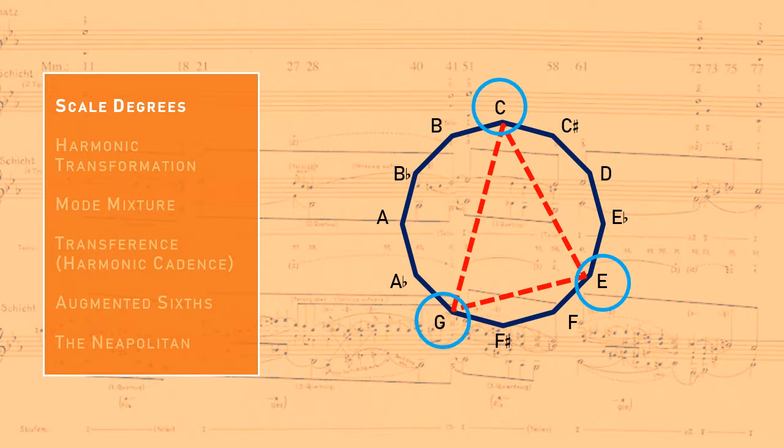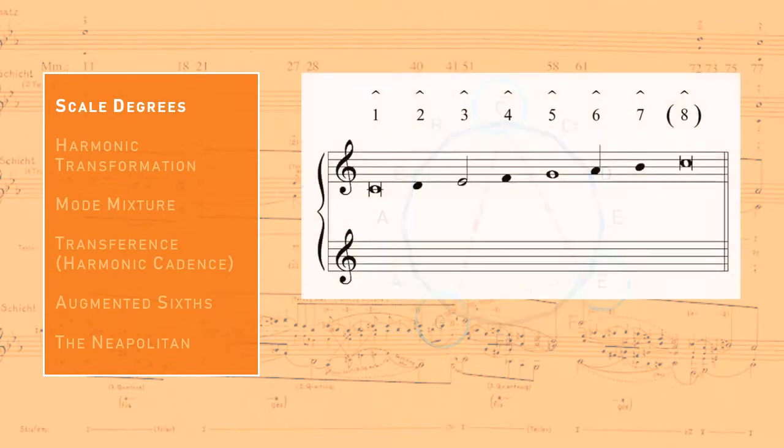Schenker's theory is premised on a much older way of viewing scales in Western music, one that works better for the music of Bach than it does Wagner. For Schenker, there are only 7 diatonic scale degrees that are each fundamentally different in terms of melodic stability. I've tried to visualize that with durational values here. Scale degrees 1 and 8 are really the same thing, and they are by far the most stable point of repose for a melody.